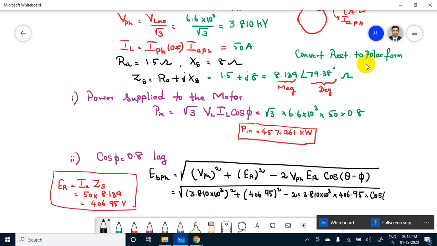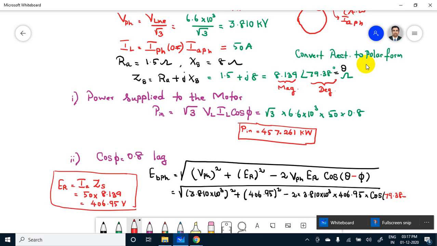Theta, how much? Can anyone tell? Theta is 79.38. Yes, it is there in the impedance. This 79.38 is nothing but theta. The theta value we have to take from the impedance.